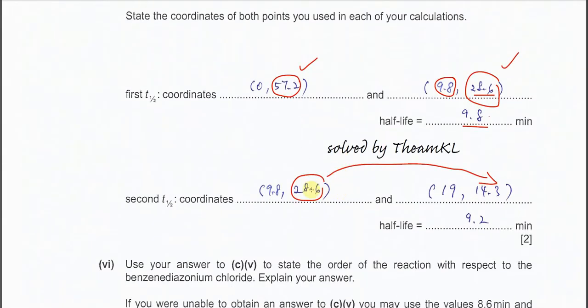So from 28.6 to 14.3, it is about 19 minutes. So the second half-life is going to be 19 minus 9.8, which gives 9.2. This is the second half-life.